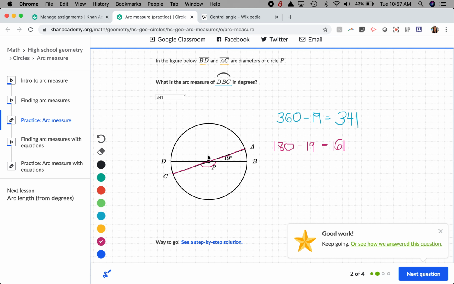Now because these angles are vertical angles, I can assume that this is also going to be 161. Now if I wanted to find the measure of angle DBC, all you have to do is add 161 plus 19 plus 161. Should also give you 341.